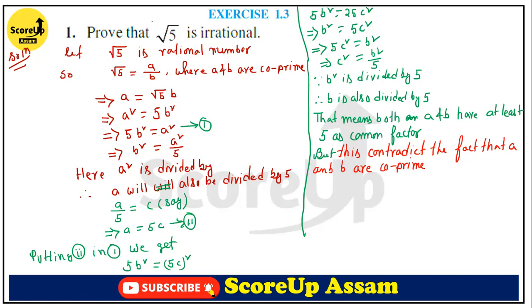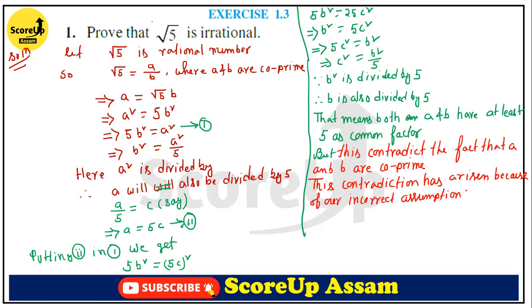This contradiction has arisen because of our incorrect assumption that root over 5 is a rational number.